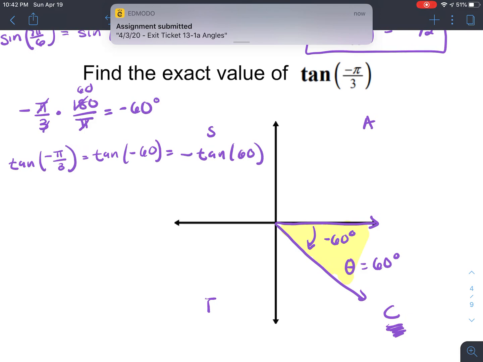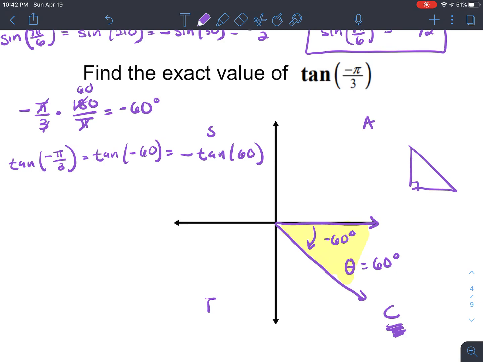Okay, so draw out my triangle. We have 30, 60, with sides radical 3, 1, and 2. Tangent is my opposite over my adjacent. So looking at my 60 degrees, that's equal to negative radical 3 over my adjacent, which is 1. So fully simplified, tangent of negative pi over 3 is equal to negative radical 3.